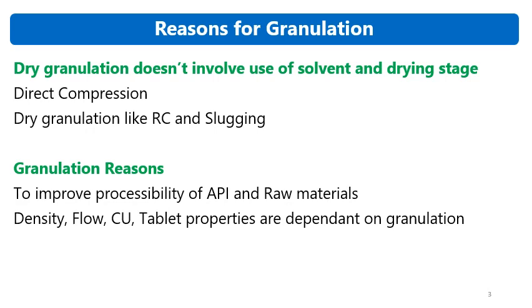Also granulation process is done to improve the density, flow, to have the good content uniformity and tablet properties for the manufacturing process. Granulation involves a number of steps, but direct compression is a very simple process and the process steps are very less.